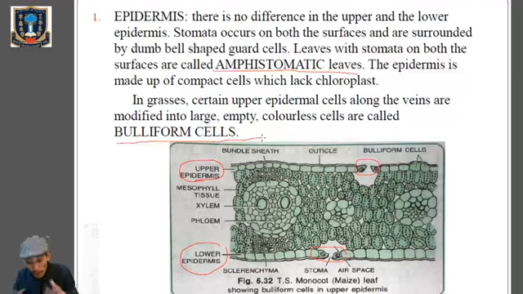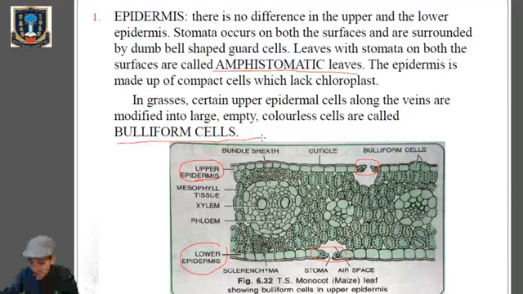But when they lose water and become flaccid, the leaf curls inward to minimize water loss, because we have learned in class 10 about the turgidity and flaccidity of cells. So when the bulliform cells absorb water, they become turgid and exposed, but when flaccid, they shrink, curl up and close.